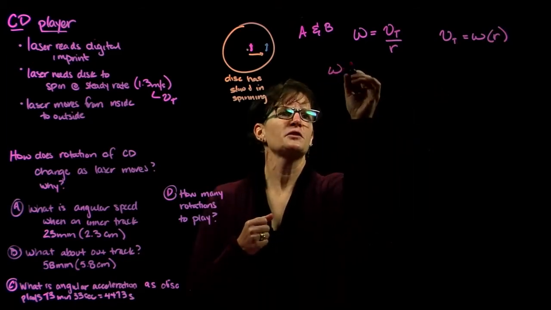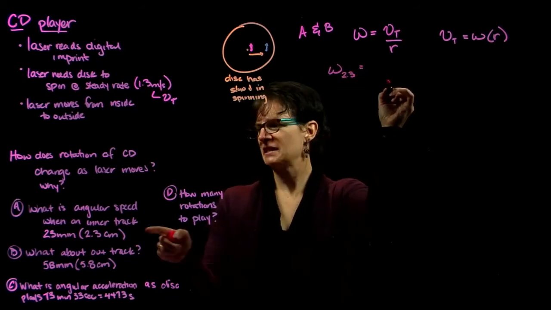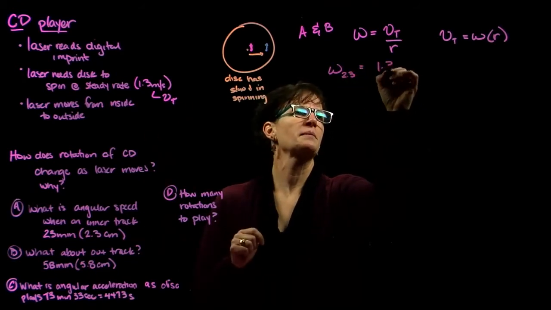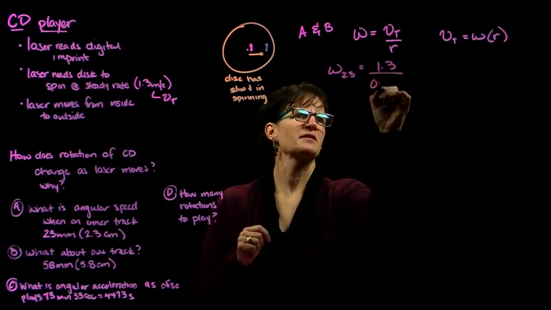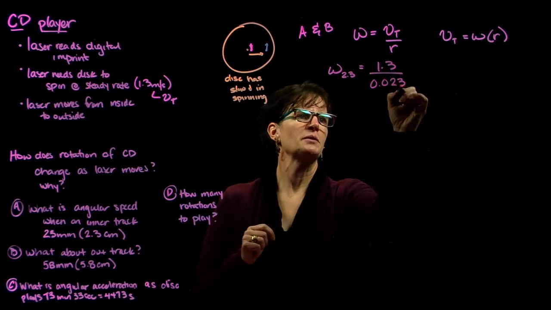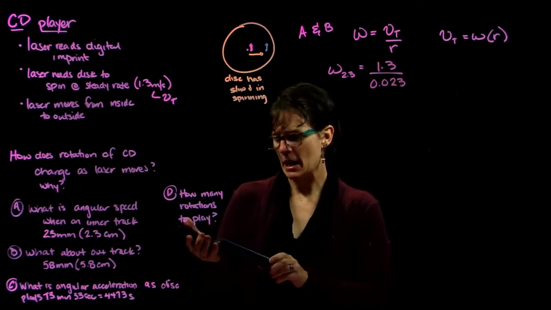So the angular speed at 2.3 centimeters is going to equal my 1.3 meters per second, divided by 0.023, which is my radius in meters.